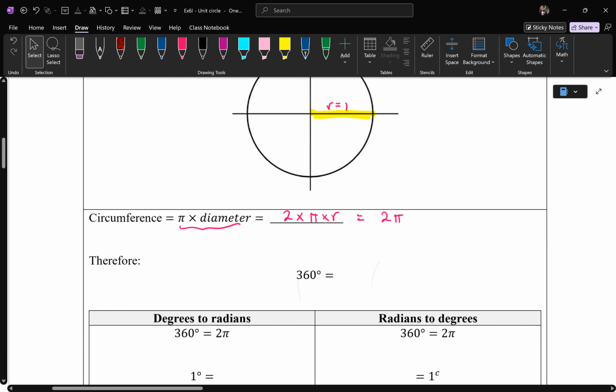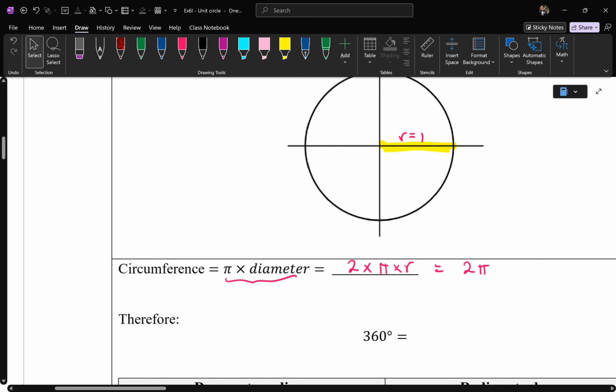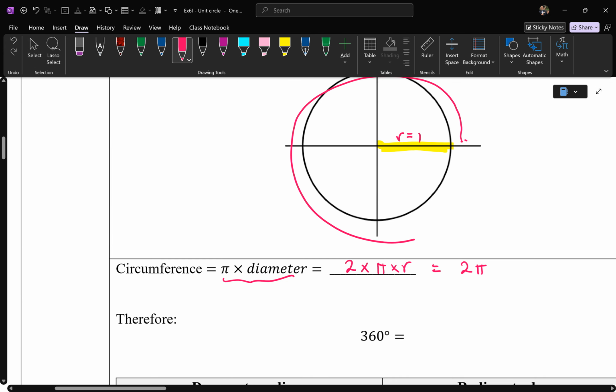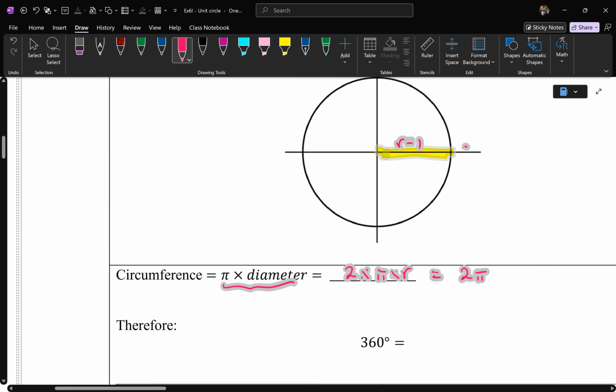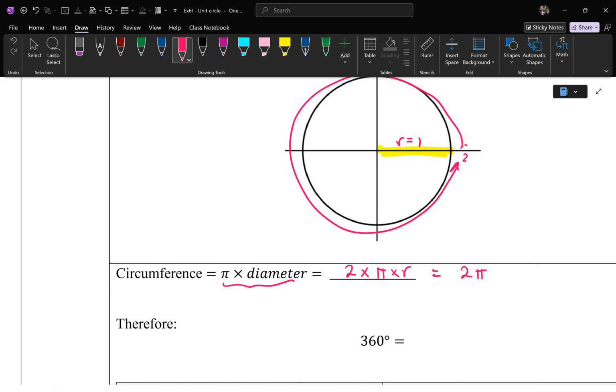So here, what we can then conclude is that in a circle, the distance around the circle, going all the way around, is an exact 2 pi distance.